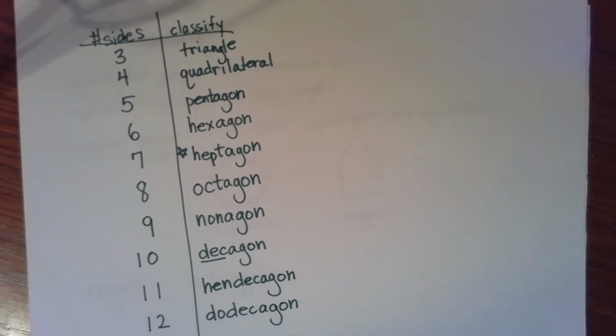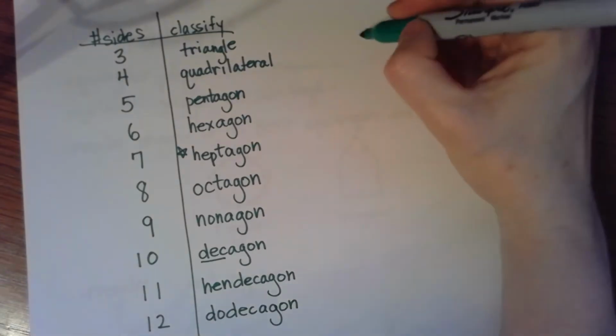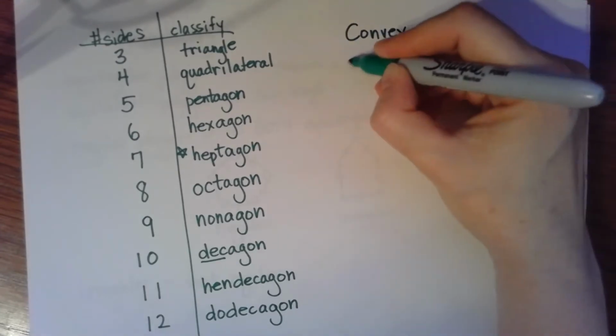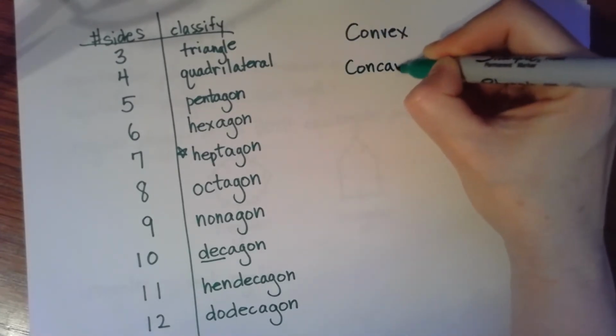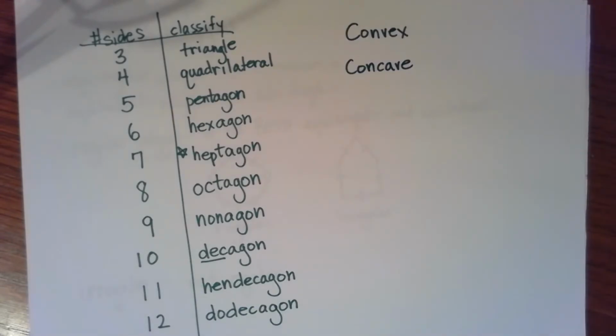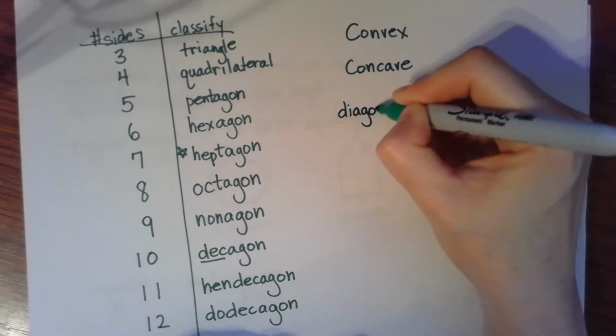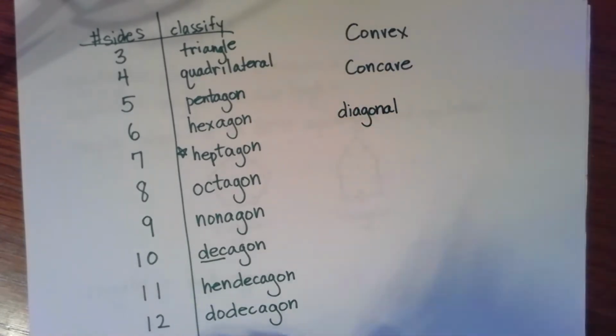Okay, the other thing that we use to classify polygons are the words convex and concave. Before we can talk about what convex and concave are, we have to talk about a diagonal, because those are defined in terms of a diagonal.